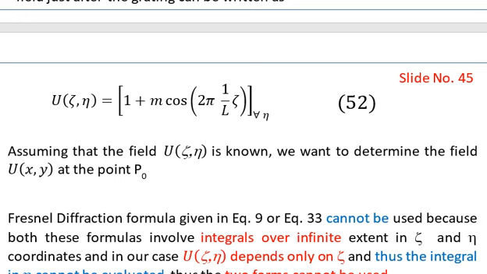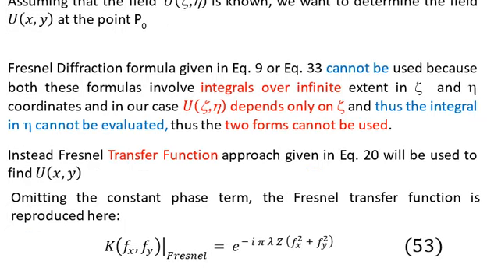Assuming that the field u of zeta, eta is known, so the field in equation 52 is known, we want to determine the field u of x comma y at the point P naught.